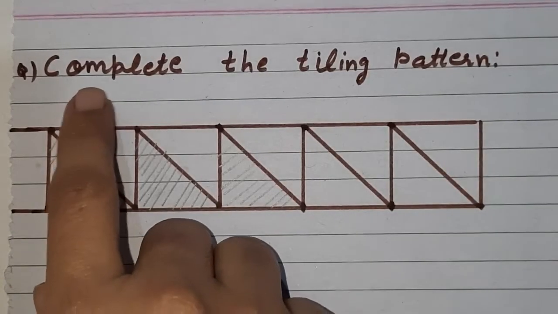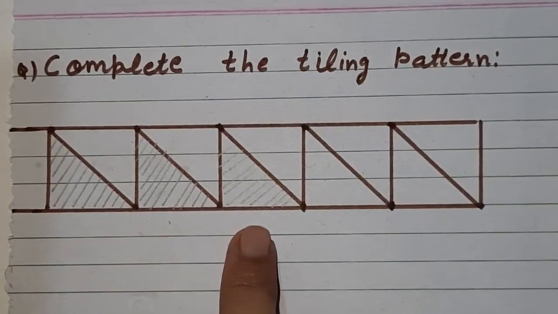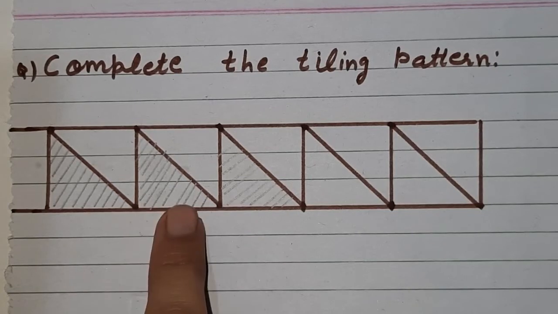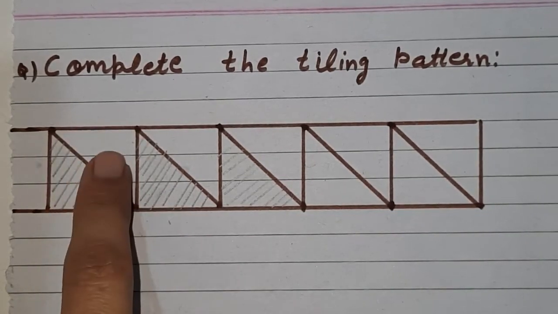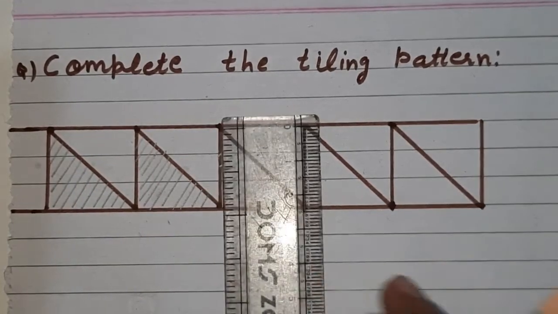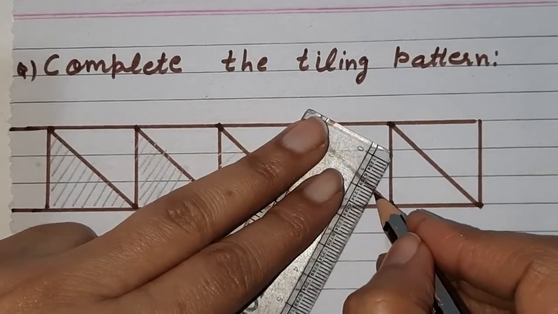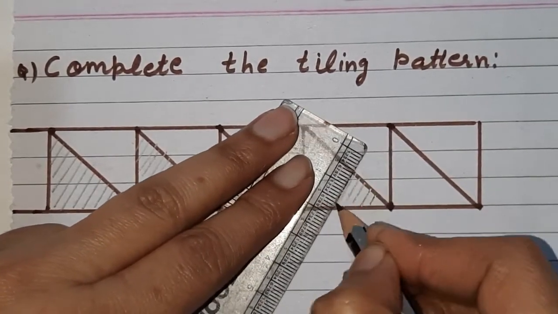Now the next question is complete the tiling pattern. Now you observe the pattern. Shading is done in a triangular tile and one triangular tile is left. So you have to complete this tiling pattern. Follow the shading as it is given. In this way.